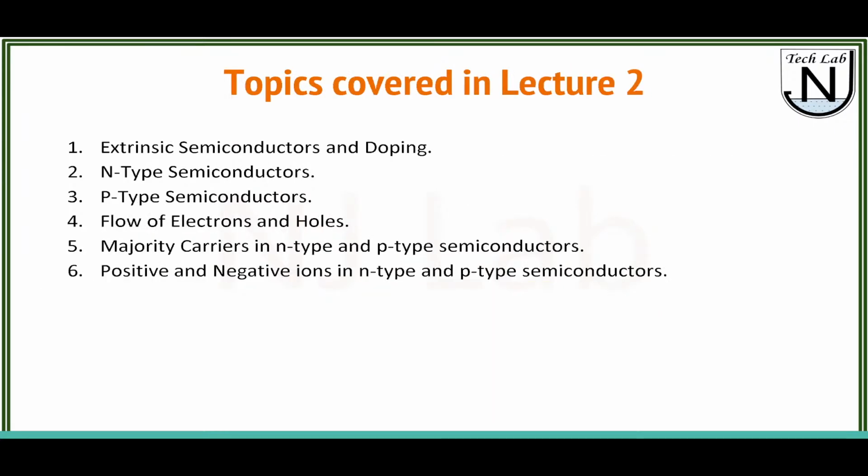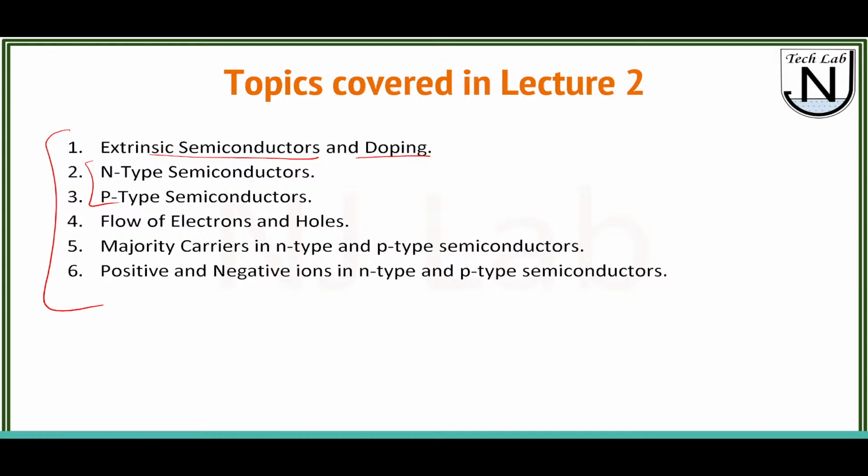So today I am going to discuss the extrinsic semiconductor and doping, meaning what happens when we add some impurities, and by adding impurities we can form two different types of semiconductors. One is N type, another is known as P type.